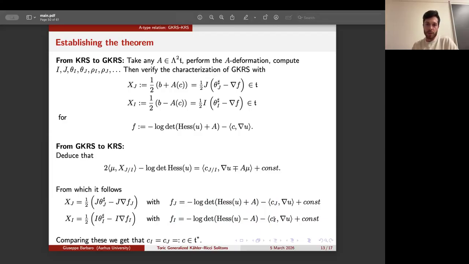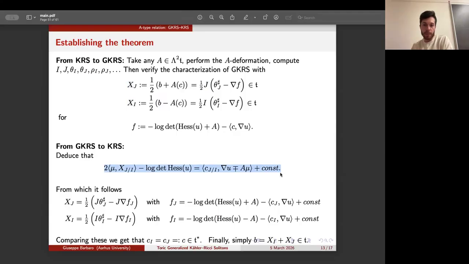What else are we missing for the Monge-Ampère equation? We need the constant B, but that's easier. If you look at the way we argued here, the way of obtaining B is just by summing these two. So I take xi plus xj, and I call this B. Now these are two equations, one for i and one for j.